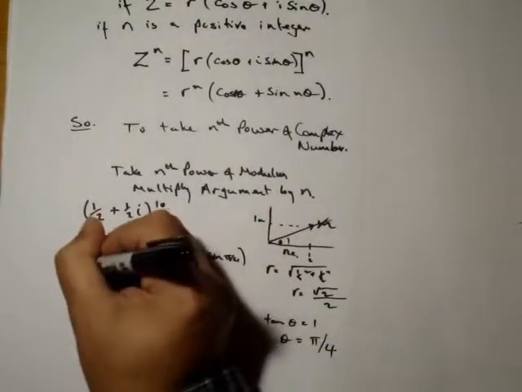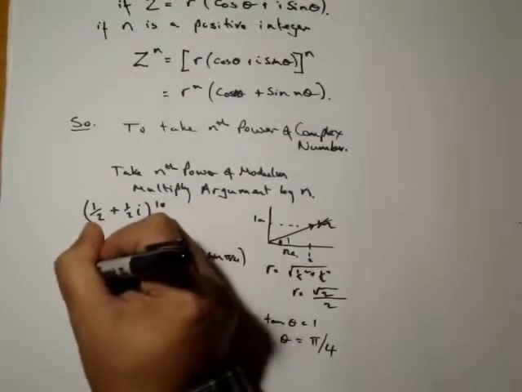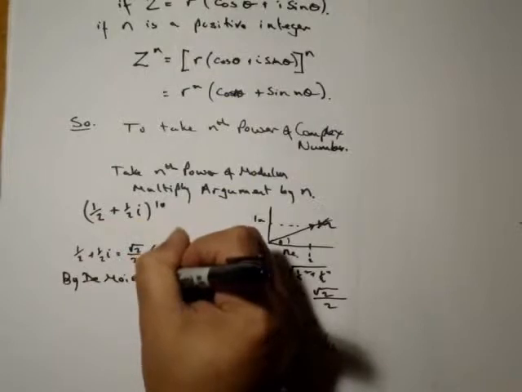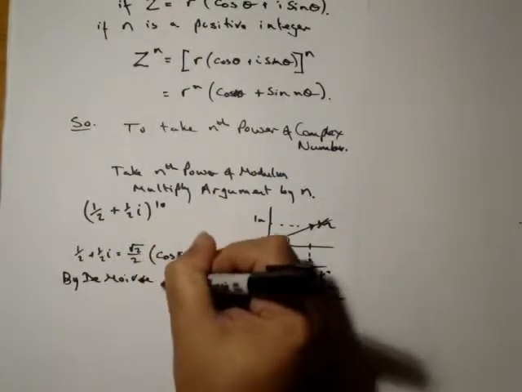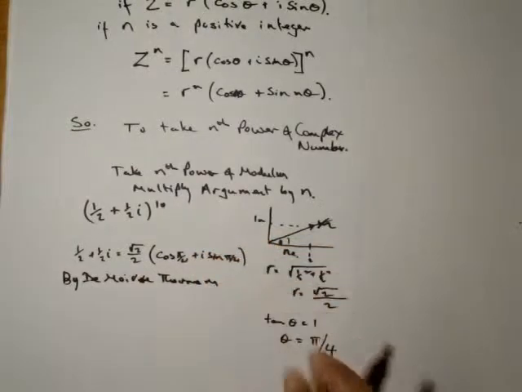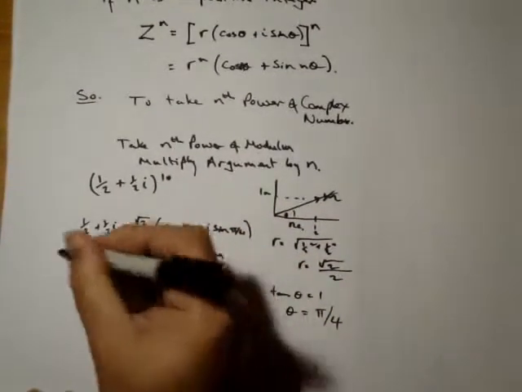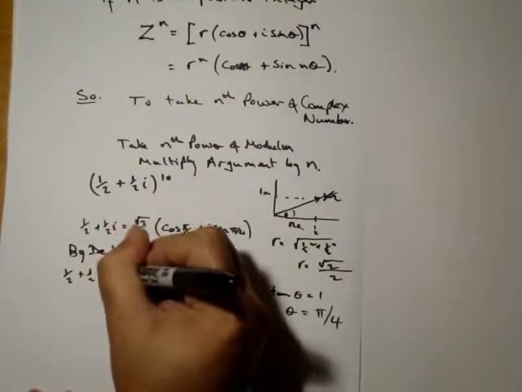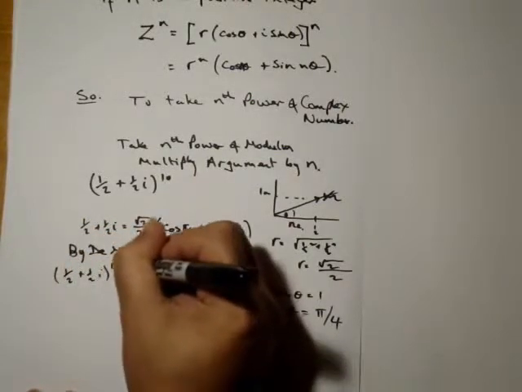And by De Moivre's theorem, we have a half plus a half i to the power 10.